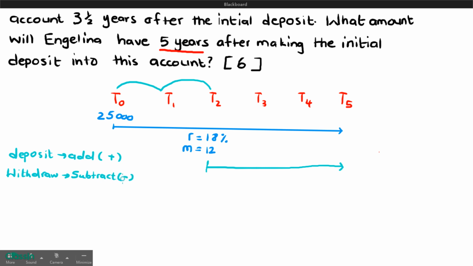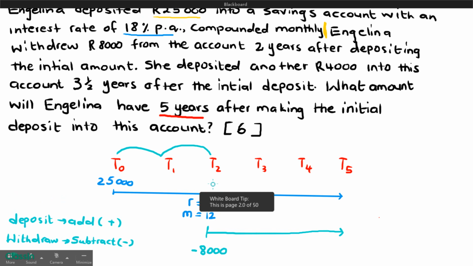Then you must subtract, minus. So the person withdrew 800, sorry, not 800 but 8,000. It means minus 8,000.